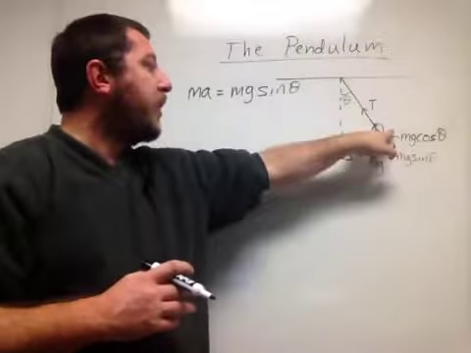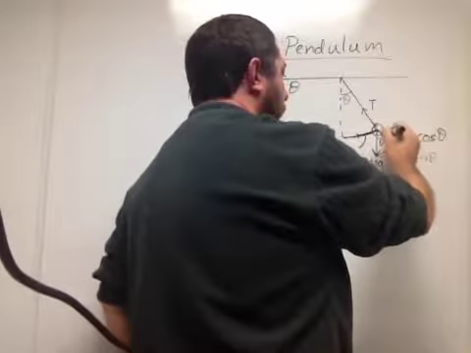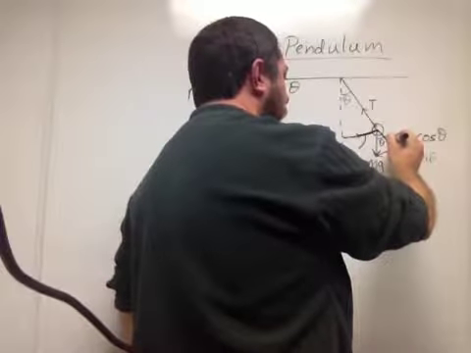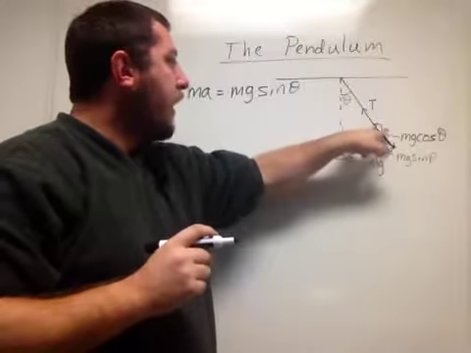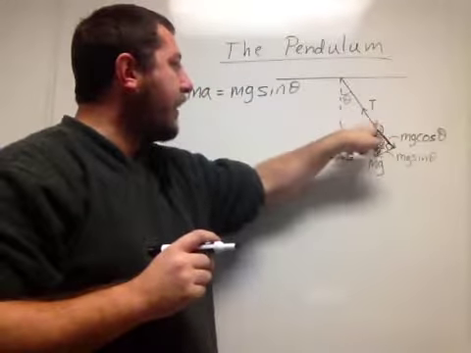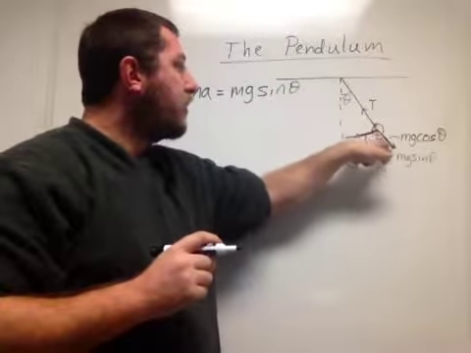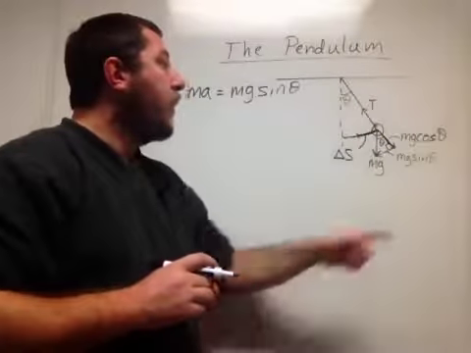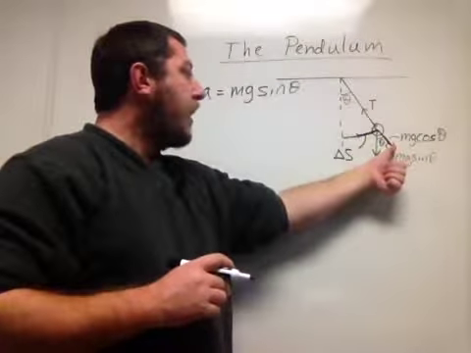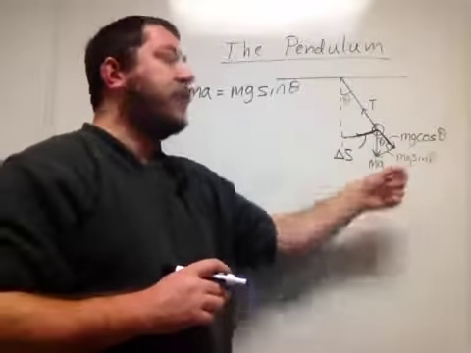So this is my right triangle right here, and this should be a right angle, making my weight the hypotenuse. And since this is the component that is canceling out tension, it is the adjacent side to the angle, so this component is going to be my hypotenuse times the cosine of my angle, or mg cosine theta, and the component that's actually accelerating it is going to be mg sine theta.